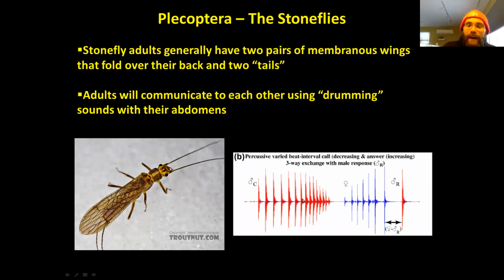The male is calling out, and he drums pretty loudly to start, and then he slowly gets softer. And then the female has kind of an opposite response where she starts quietly, and then she grows louder and louder before the male responds back. So interesting sort of communication going on between the stoneflies.